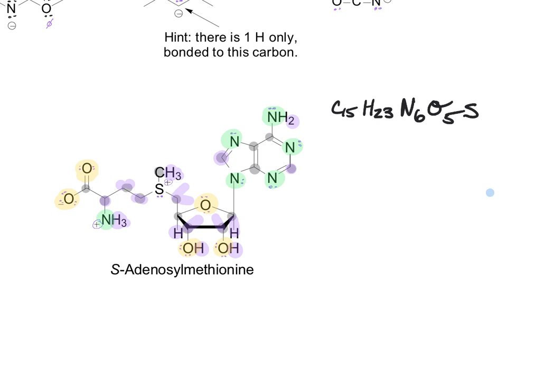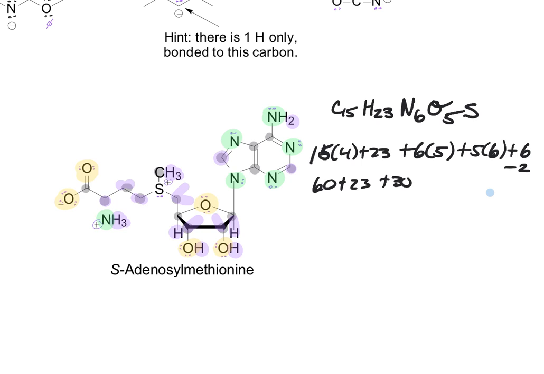All right, so we have 15 carbons, each with 4, 23 hydrogens, 6 nitrogens, each with 5, plus 5 oxygens, each with 6, and the sulfur is a 6. They also are giving us a +2, so that's going to be subtracting 2. 60 plus 23 plus 30 plus 30 plus 4 electrons.